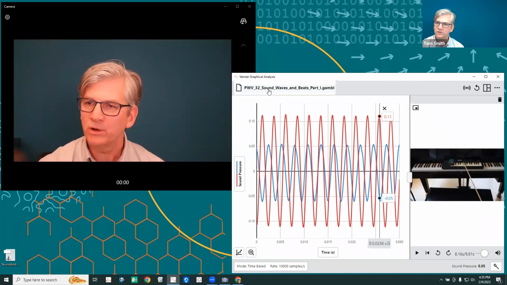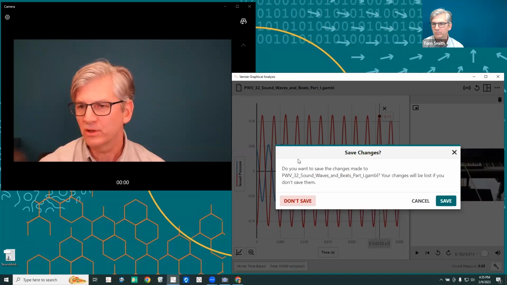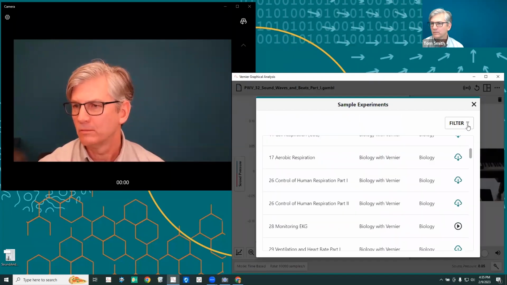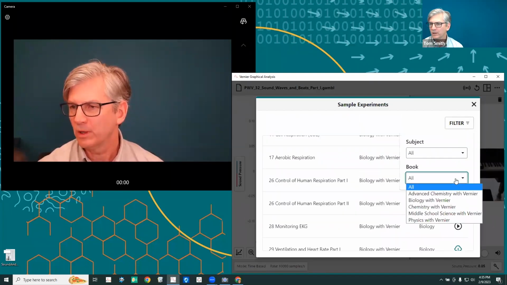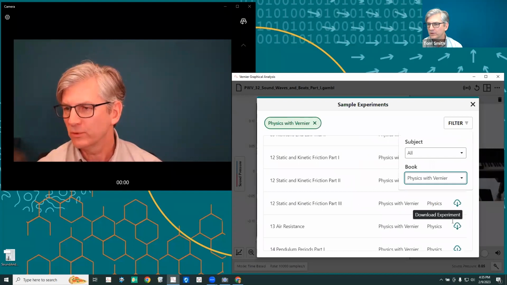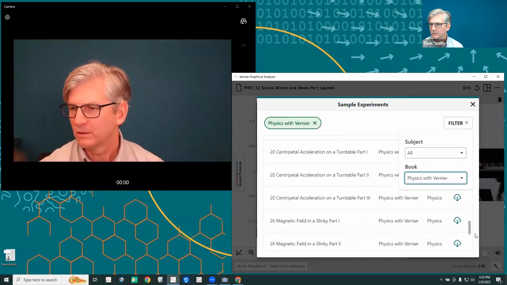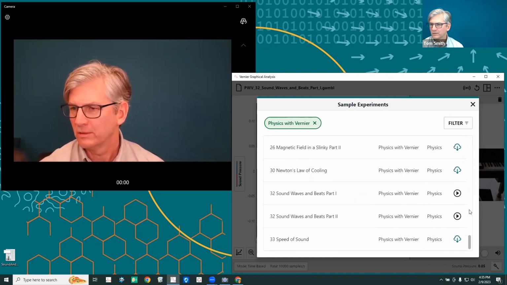And then in part 2 of this lab, I'll just open this up briefly. Again, we can filter by physics with Vernier, and open up part 2 of this particular lab.